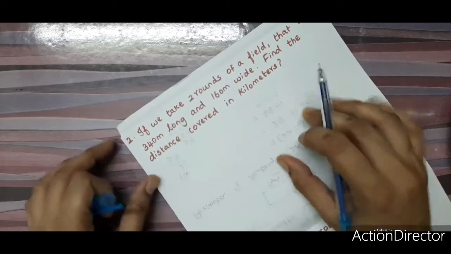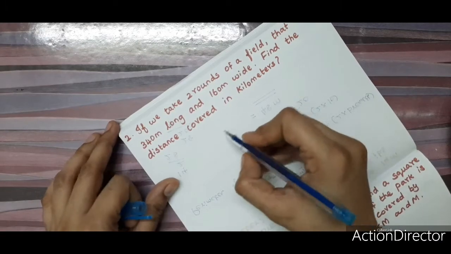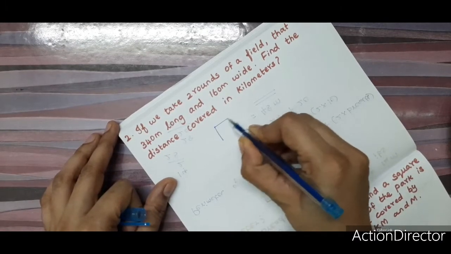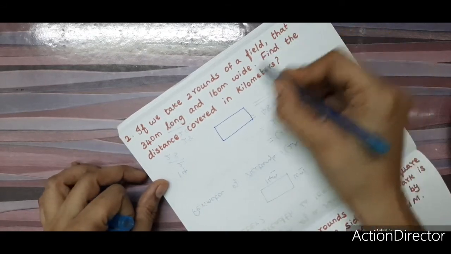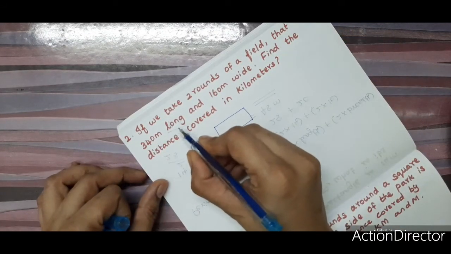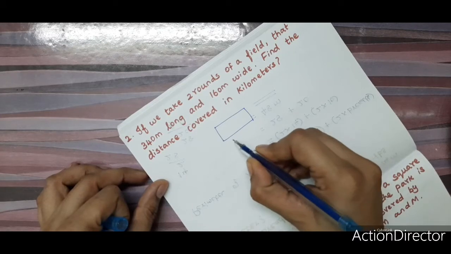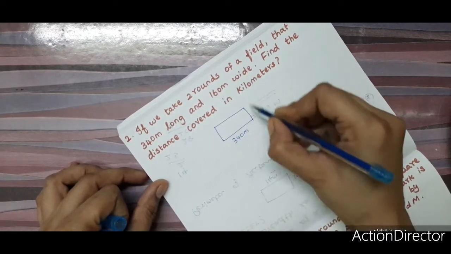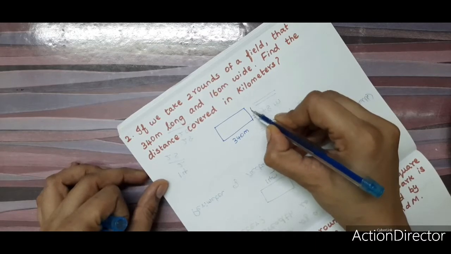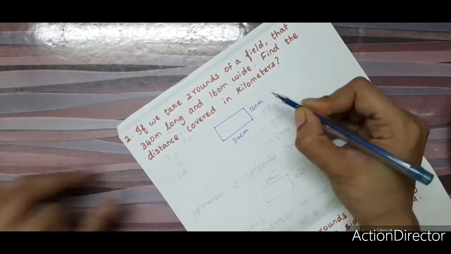First we'll understand the question. This is a rectangle. The field is 340 meter long, that is length, and 160 meter wide, that is breadth.